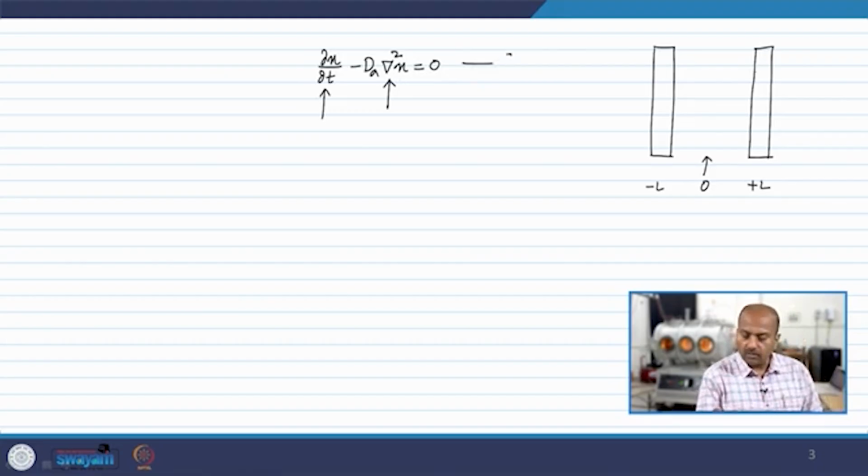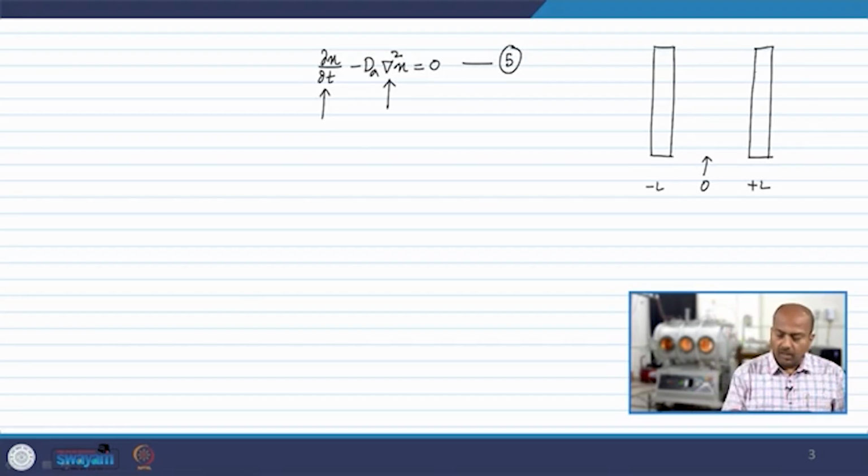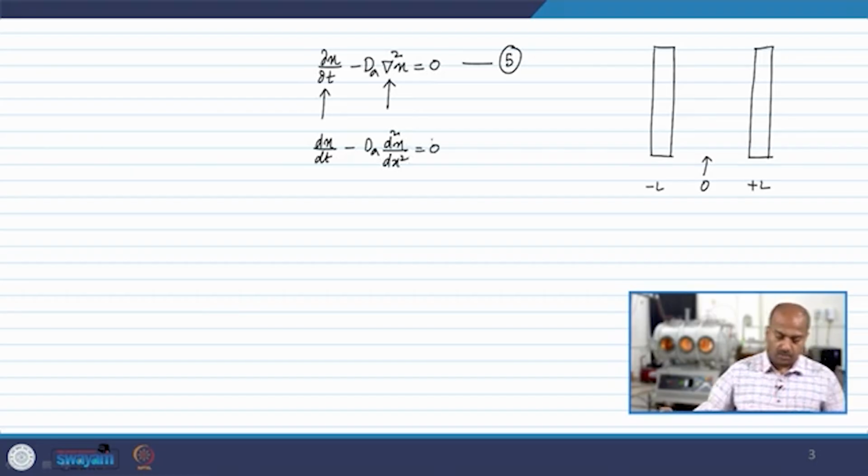So, we call this equation 5, and we can write this equation in one dimension as, let us say, dn by dt minus dA d square n by dx square is equals to 0, right. So, we are not including the y and z directions, since there are only two dimensions. I mean, time is one dimension and there is the space dimension.